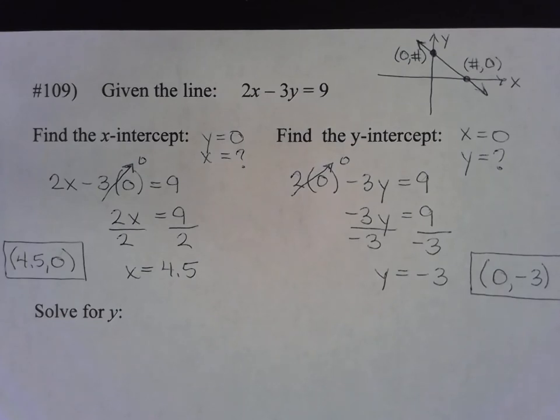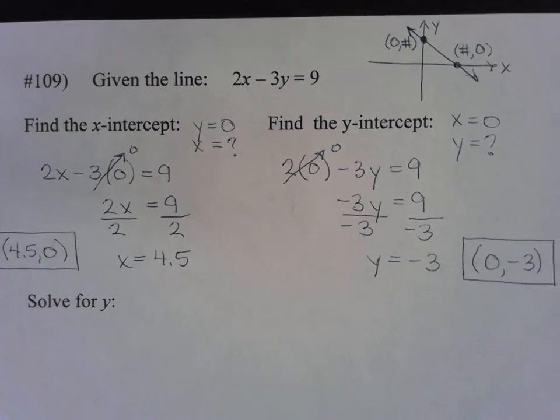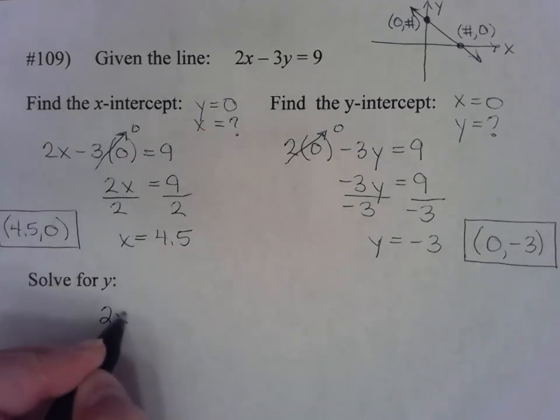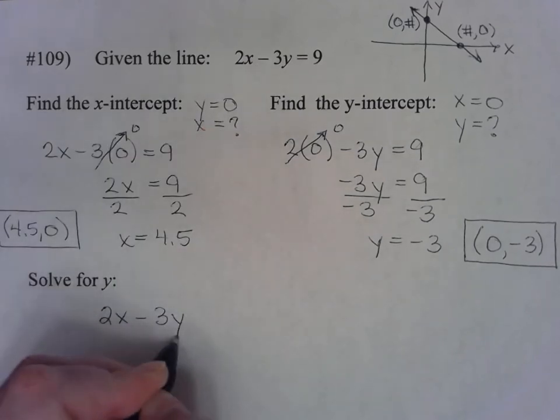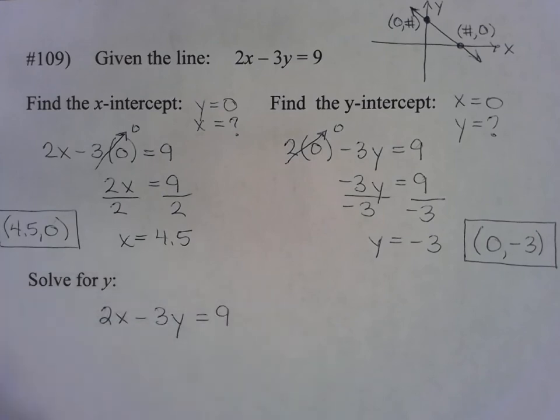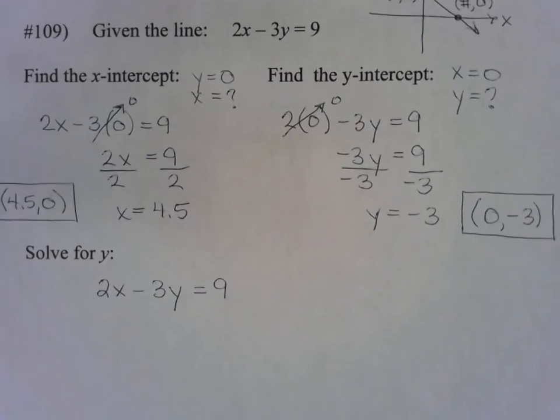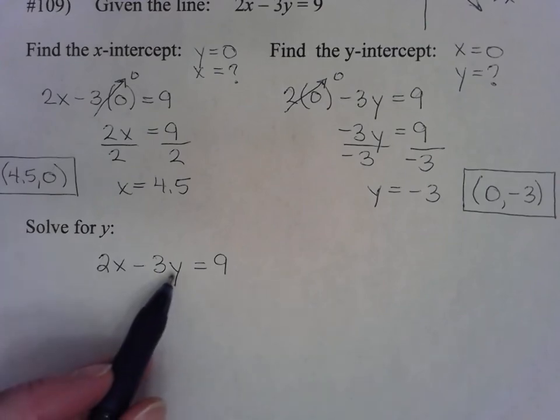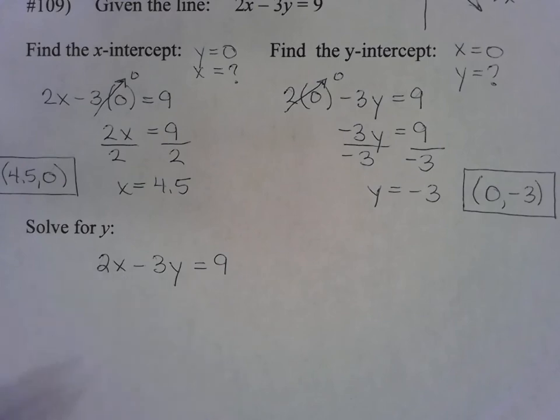Okay, so that's one way we could use our solving to tie into the equation of a line. Another way to do that is to take this equation and solve for y. So we're still using the same type of equation solving skills, but we're just isolating one of the variables even if we don't have a number for x.